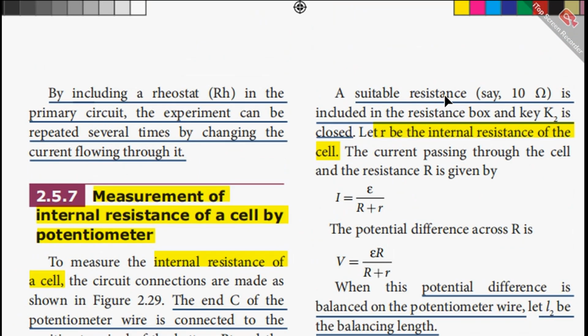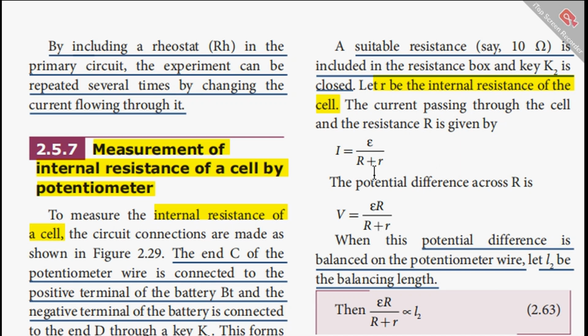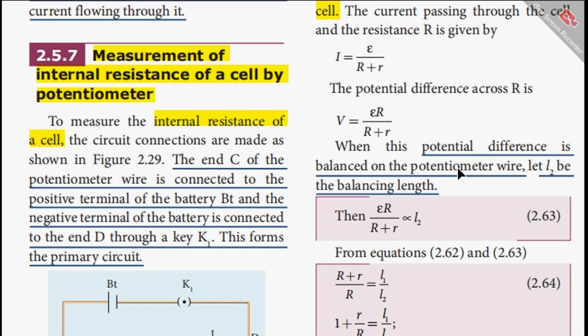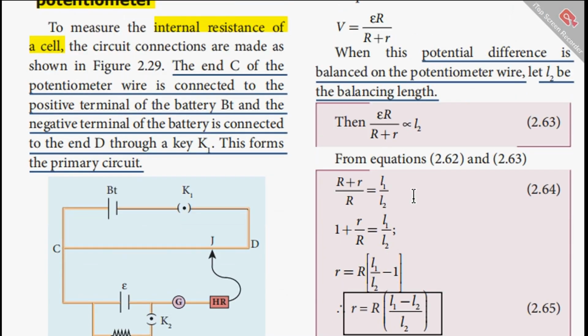A suitable resistance, about 10 ohms, is included in the resistance box, and key K2 is closed. Let r be the internal resistance of the cell. The current passing through the cell and the resistance R is given by I equal to E by R plus r. The potential difference across R is given by V equal to ER by R plus r. When this potential difference is balanced on the potentiometer wire, let L2 be the balancing length.